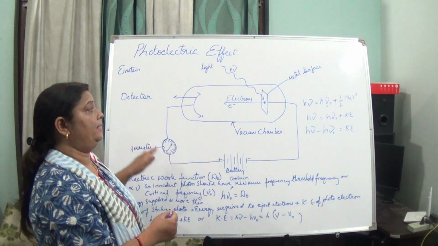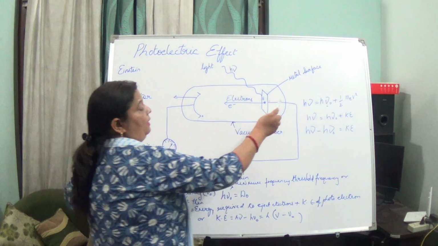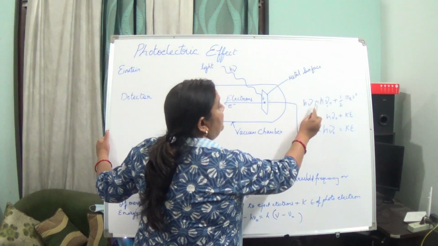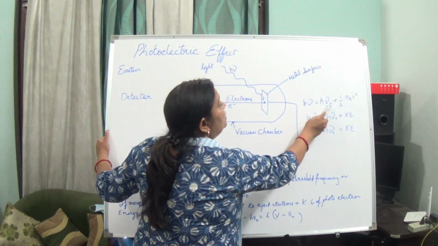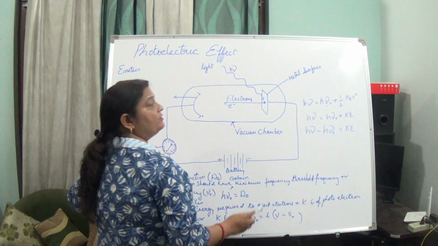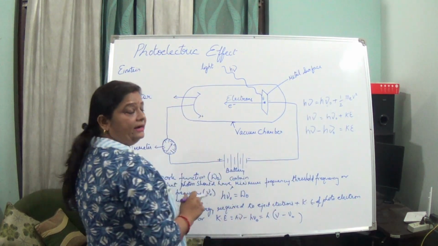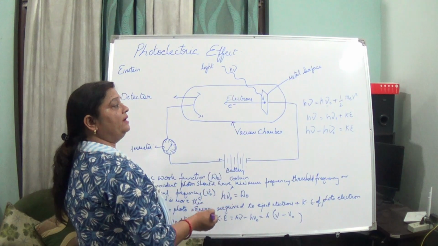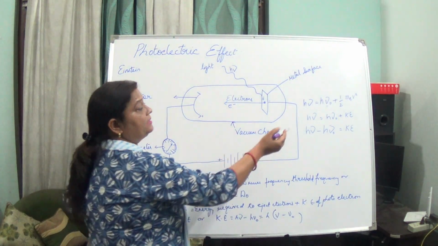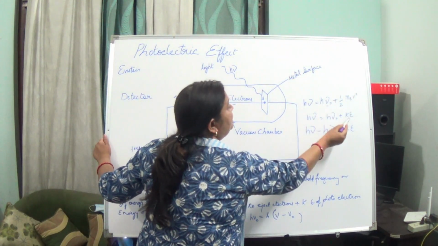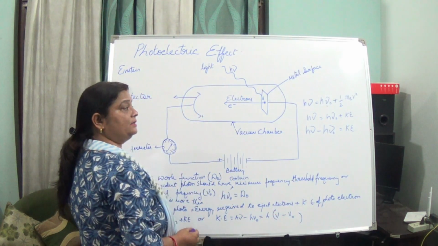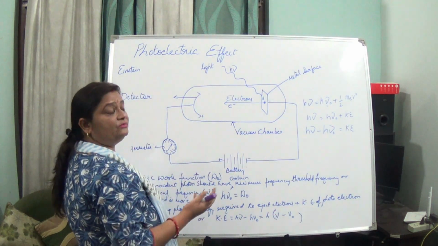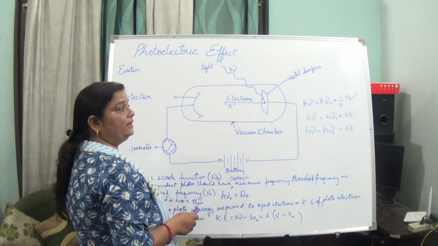So this frequency is the threshold frequency plus the kinetic energy, and this half m e v square can be written as kinetic energy.